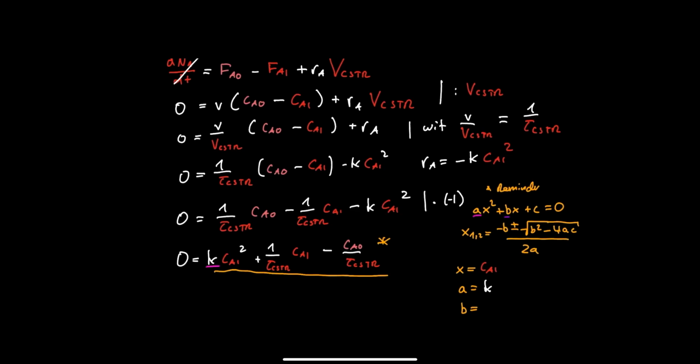In our case, this will be this term, which is 1 divided by tau CSTR. So B is going to be equal to 1 divided by tau CSTR. And C is a term which is not related with CA1 directly. So this would be our C term. So C is equal to negative CA0 divided by tau CSTR.